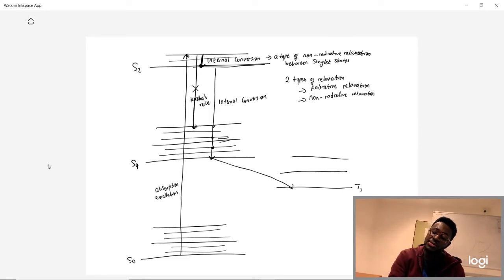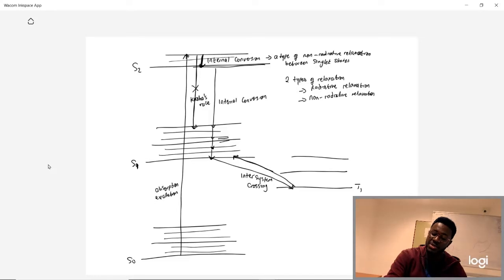What is this called when you go from your S1 to your T1 state? Not necessarily radiative. This is called intersystem crossing. It's also reversible, but don't pay much attention to that.